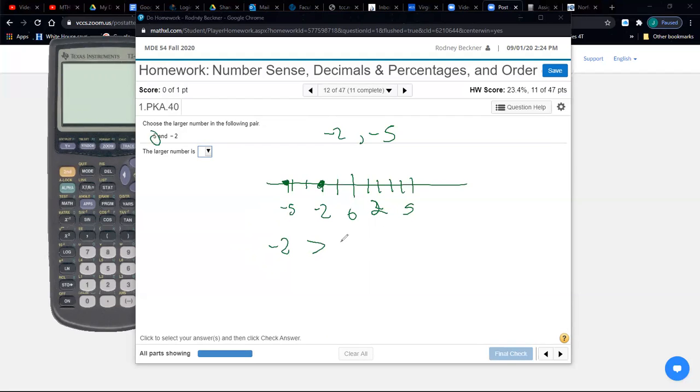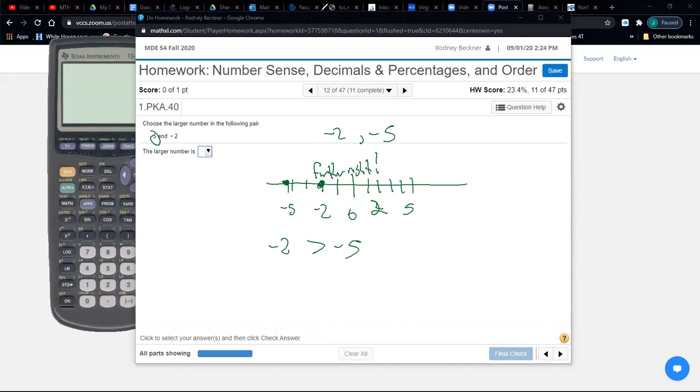That's the symbol for bigger or greater than. And again, it seems a little confusing at first because 2 is smaller than 5, but in terms of negatives, -2 is bigger than -5 because it lies further to the right. So I think that's a more important problem versus the numbers they gave me randomly. But again, they're randomly generated, so yours may look more like what I just did, or it could look like what was on the screen originally.